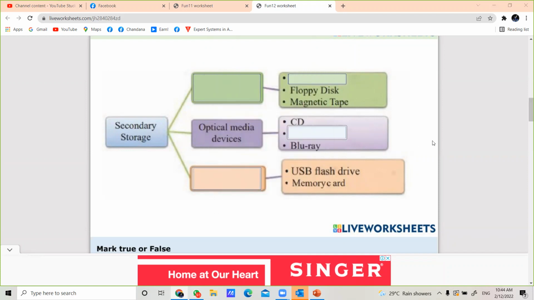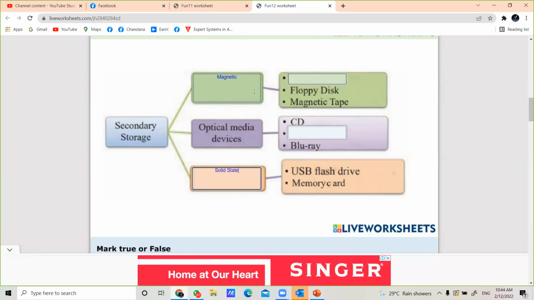Right, I think you finished doing this one. Try to fill this blank here. Secondary storage, the first one. Technology here, magnetic. Optical. Then third one, solid state. These are some common popular technologies that are used to create secondary memories.